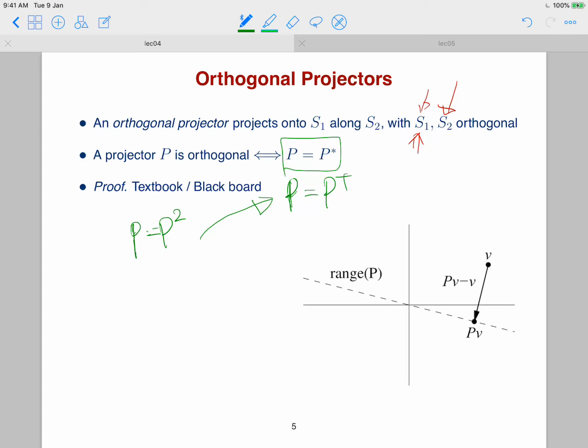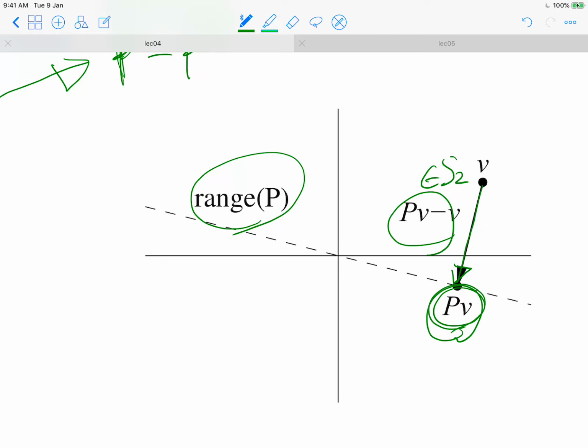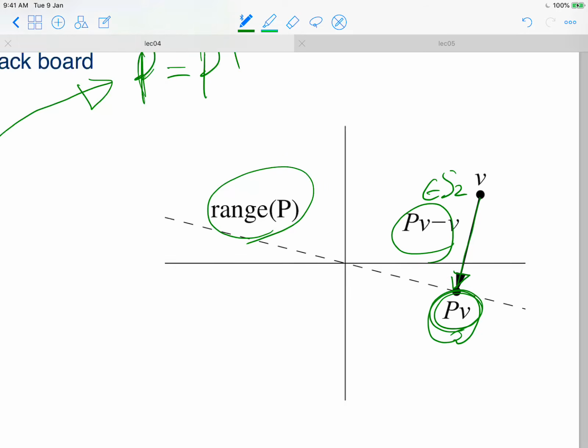If we satisfy this equation, then a vector belonging to S2 will always be orthogonal to any vector in the range of P, in particular PV, which is one vector belonging to the range of P. So these two should always have a 90 degree angle.